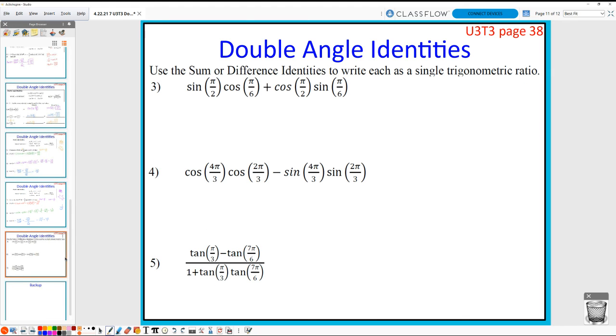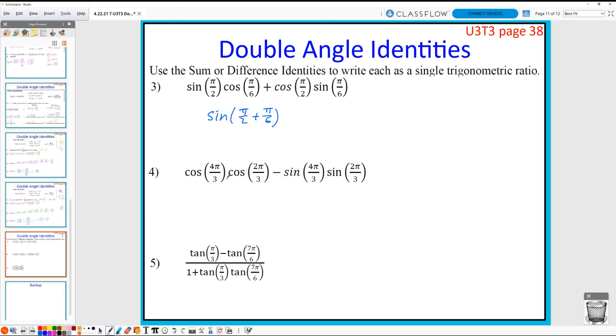Lastly, just going backwards here. Using the sum or difference, I have sine, cosine, cosine, sine, so I know this is a sum of sine. Specifically, the sign is going to stay the same. So it's the same thing as sine of pi over 2 plus pi over 6. They don't ask us to combine it, just to write it back, so I'm just going to leave it as such.